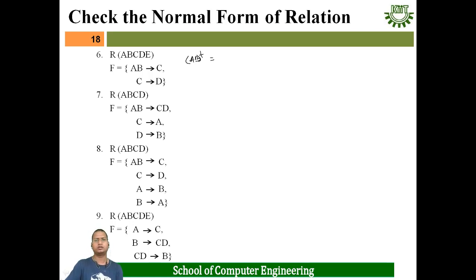AB closure will be ABCD. Then is any other key possible? Are A and B present on the right hand side? C is present, D is present. That means no other attribute among A and B is present on the right hand side, so AB is the only key. That means the key attributes will be A and B, and the non-key attributes will be C and D.